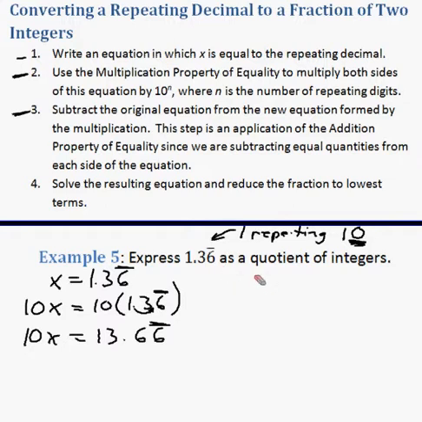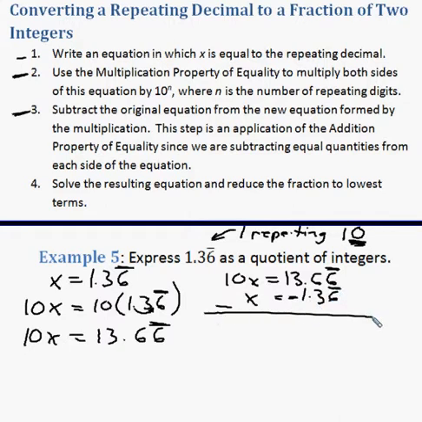the new one, which is 10x equals 13.66 repeating, and I'm going to subtract the original from that, so minus x. And when I subtract, I subtract both sides, so minus 1.36 repeating.